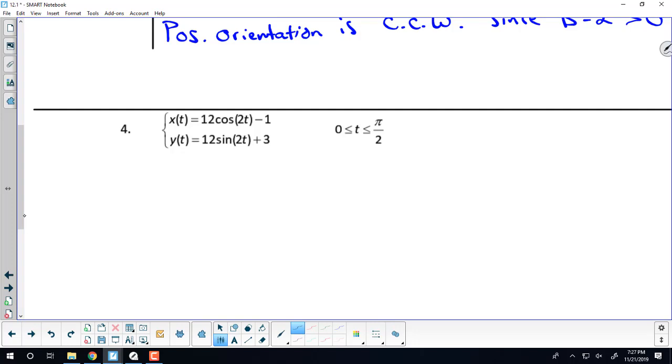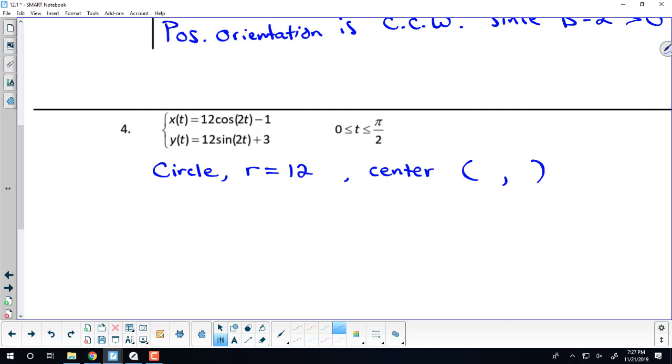Certainly has the format of a circle. So again, the radius is 12, determined by the A here.